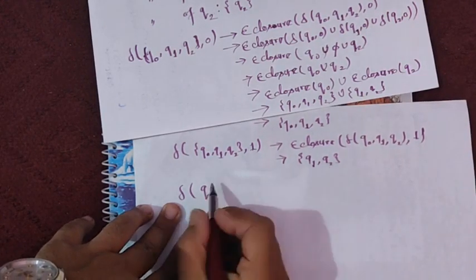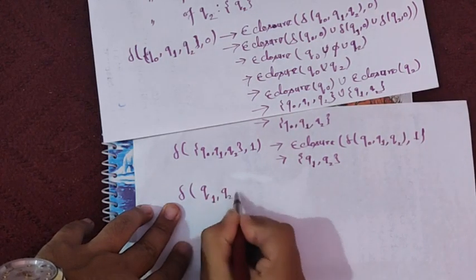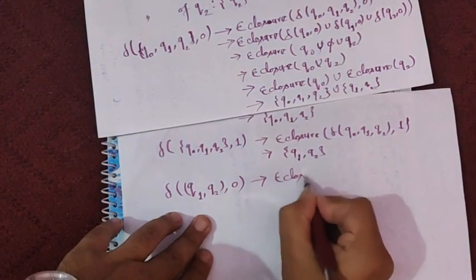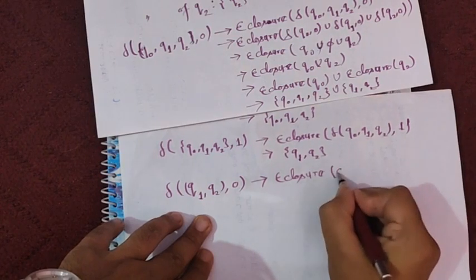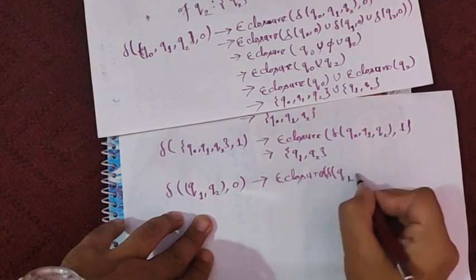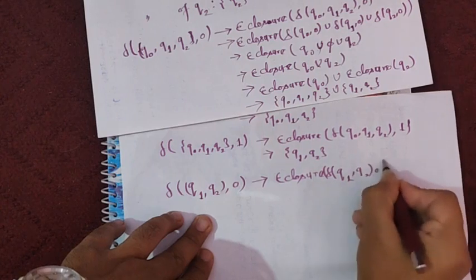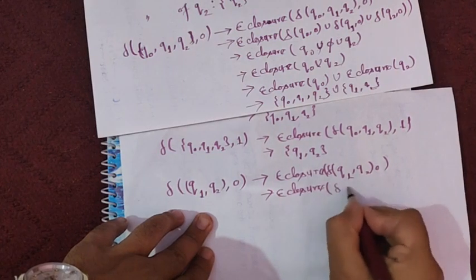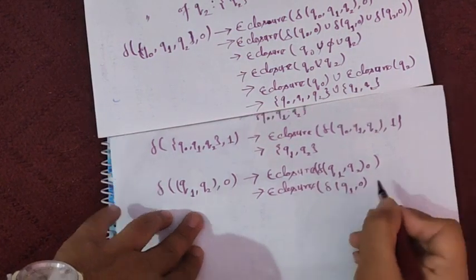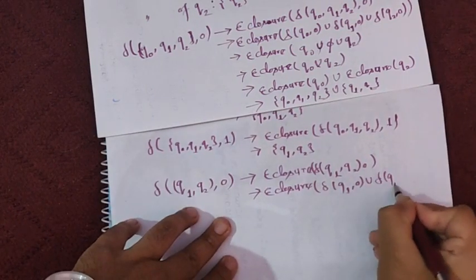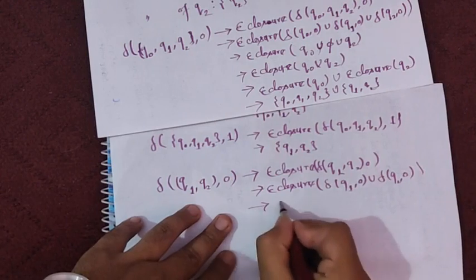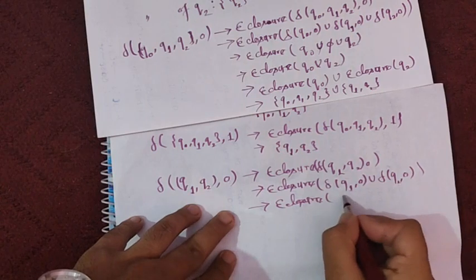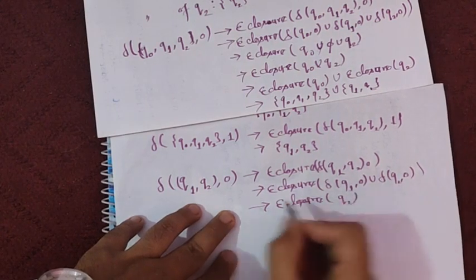Let us input 0 and 1 to this state. Epsilon closure of delta of {q1, q2}, 0, which is delta(q1, 0) union delta(q2, 0).